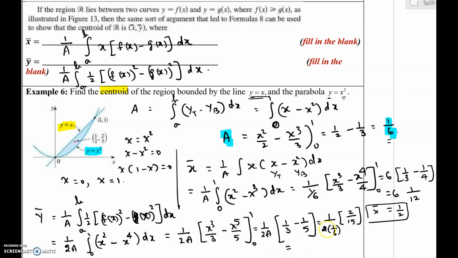If you simplify, it's 1 over 1/3, which is 3, times 2 over 15. 3 goes into 15 5 times. So it is 2 over 5.